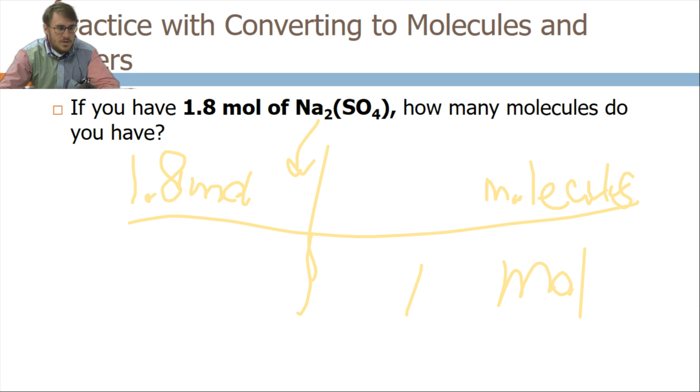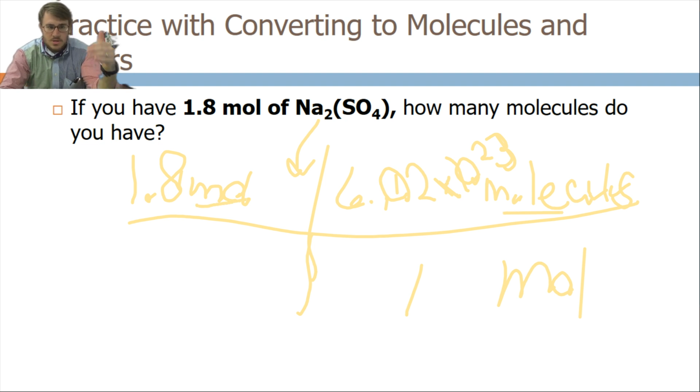And 1 mole equals the conversion factor, 6.022 times 10 to the 23rd. This is one type of conversion, going from moles to molecules. You make that conversion, you multiply across the top, divide by the bottom, fill out your T-chart similarly over and over again, and you'll get those problems.